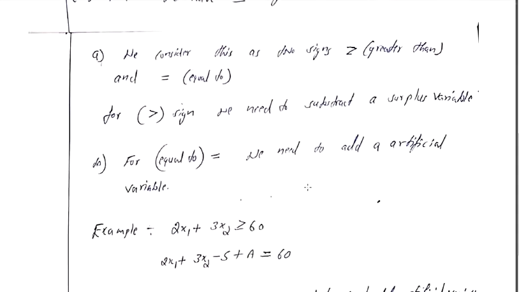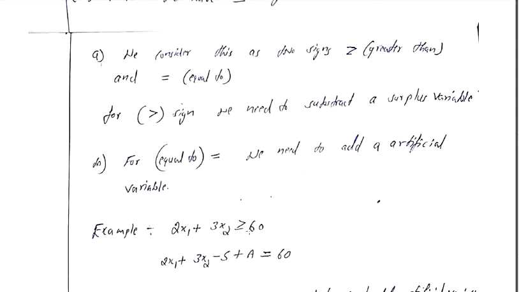Similarly, for the equal to sign, we need to add an artificial variable. Let me explain with an example. When we have a condition like 2x1 plus 3x2 greater than or equal to 60, I have a greater than or equal to sign. Then we have to subtract a surplus variable and add an artificial variable.